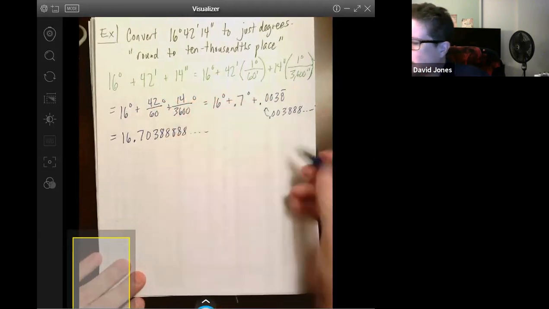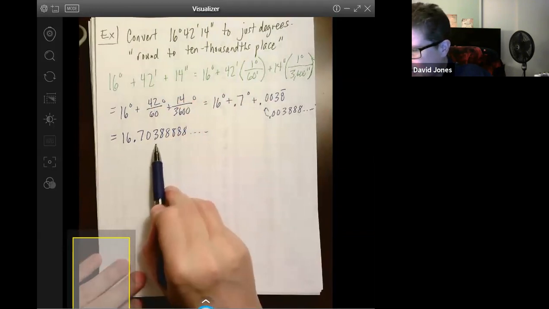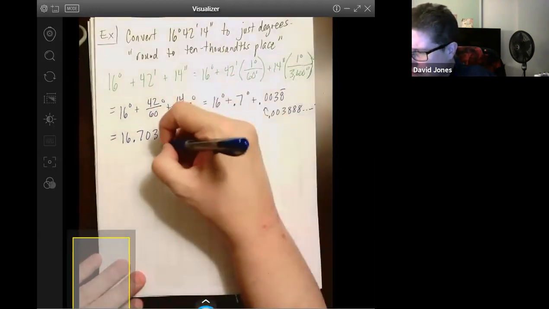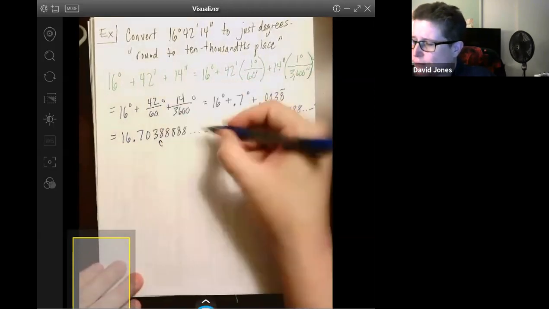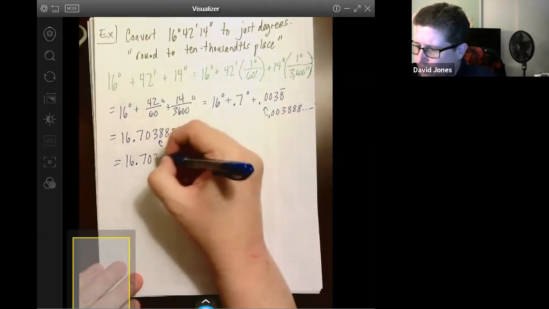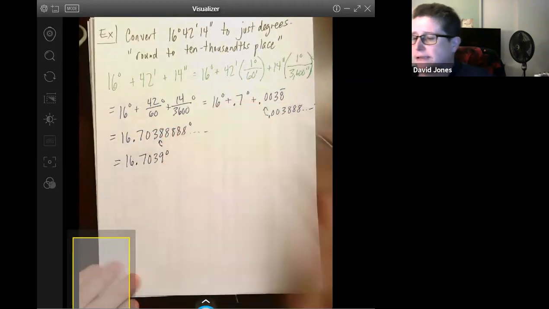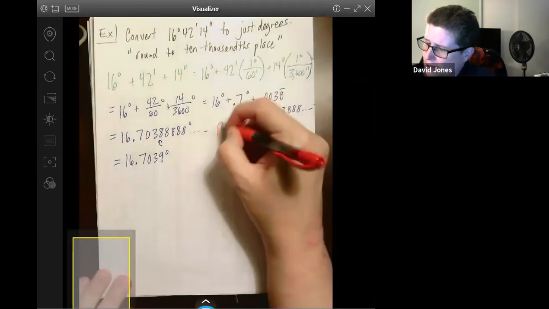Keeps going. This is the tens place, hundreds, thousands, 10,000s. We're going to round to here. We look at the next one. This is bigger than 5, so we round up. 16.7039 degrees. Okay. Round up.